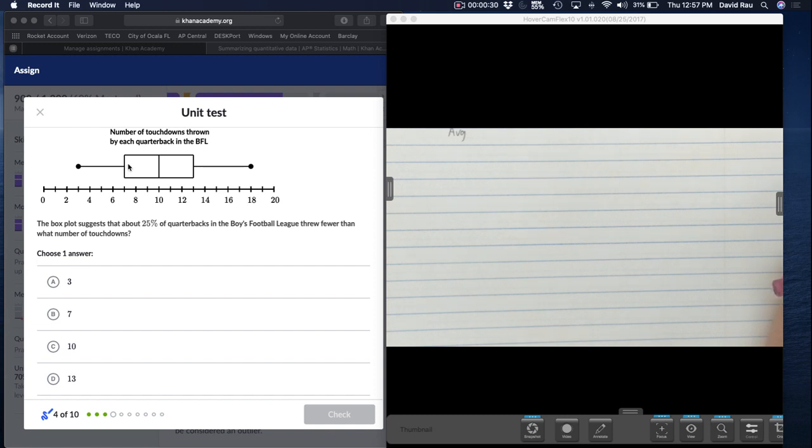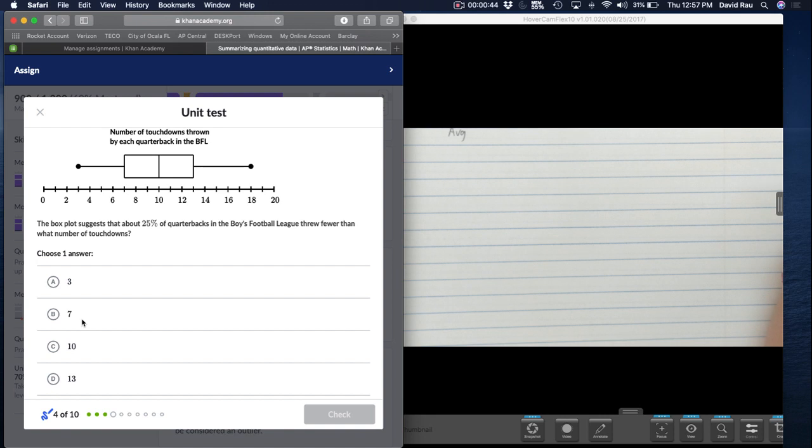Quarter obviously means 25%. What that means is this line is telling you where 25% of the data is less than or equal to. So, in other words, 25% of quarterbacks threw fewer than 7 touchdowns. The smallest 25% is in this line right here.